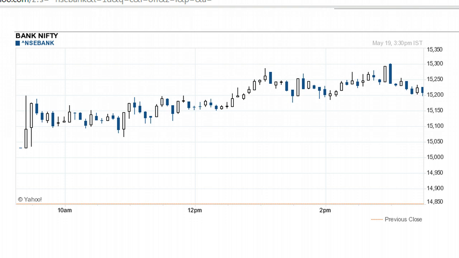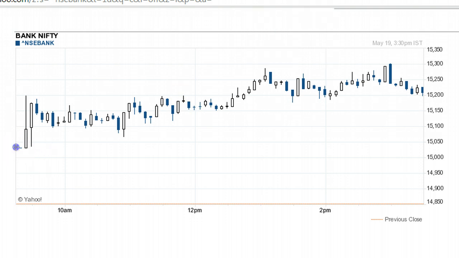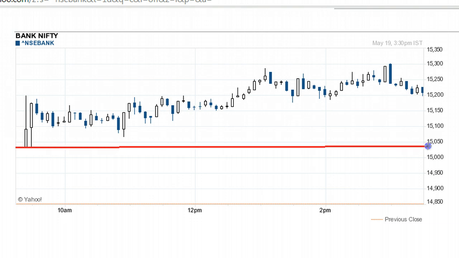You just avoid that. And I'm going to draw two lines here. One is the intraday short line, for which I want to use a slightly thinner line. So the intraday low is 15,030 here that you see.